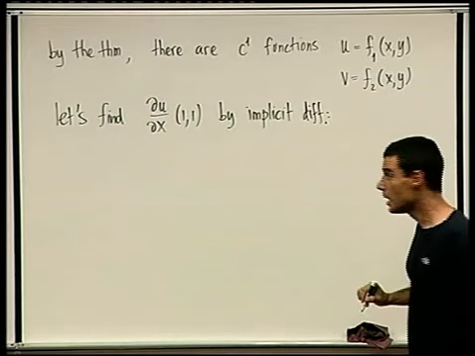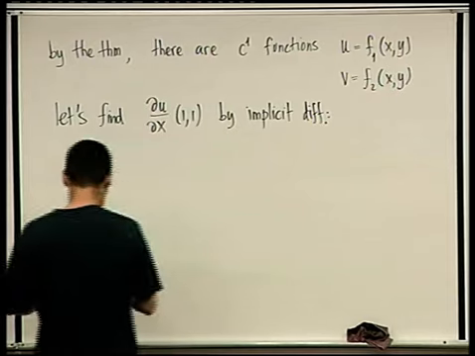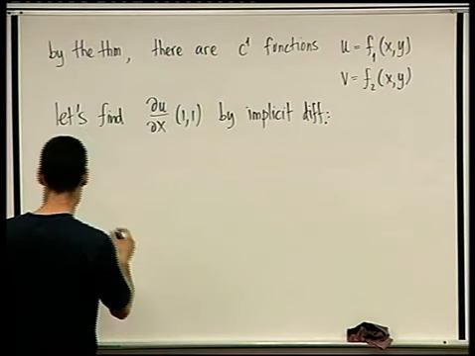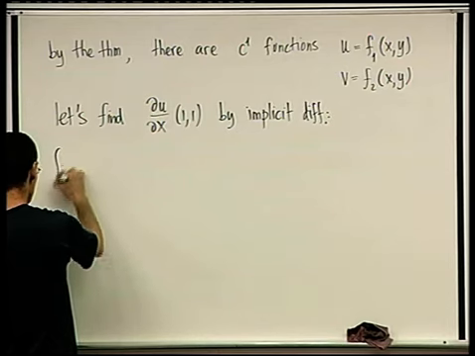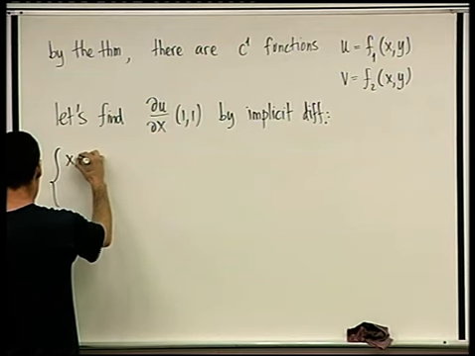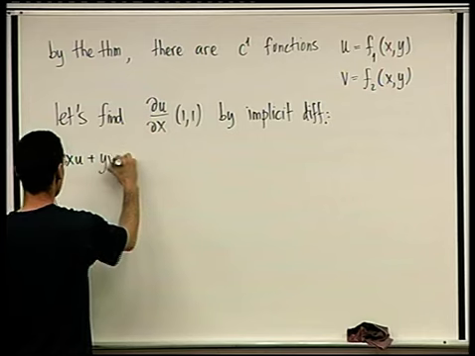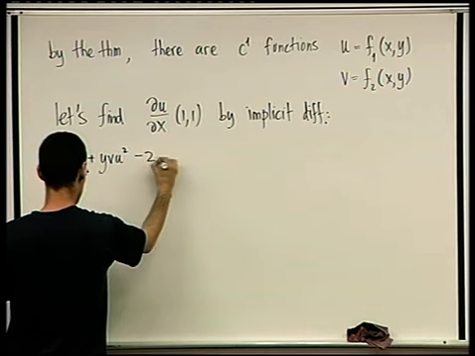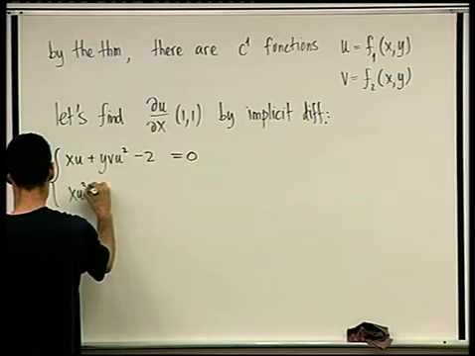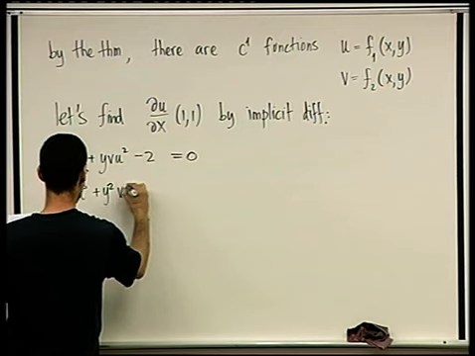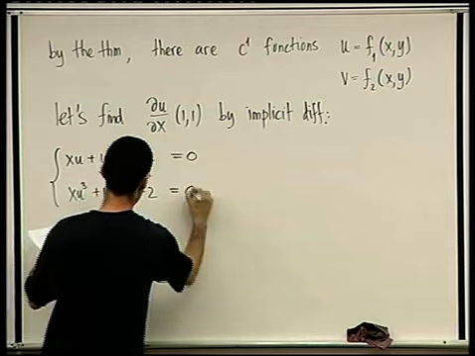So how do I do it? Maybe I'll copy the original equations here. Our system was xu plus yvu squared minus 2 equals 0. That was f1. And xu cubed plus y squared v to the power 4 minus 2 equals 0.